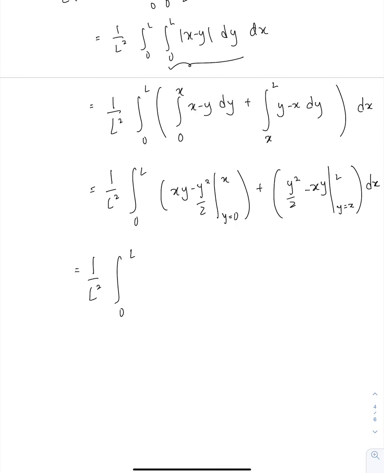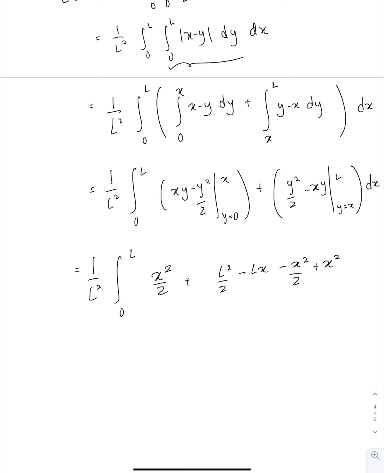All right, so let's plug all this in. You'll have x squared minus x squared over 2 minus 0, so you'll have x squared over 2. Over here, you'll have L squared over 2 minus Lx minus x squared over 2 plus x squared.